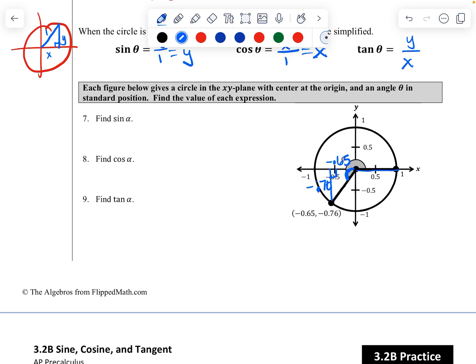Sine is opposite over hypotenuse, and we know our hypotenuse is 1. So negative 0.76 over 1. Well, that's just our y value of negative 0.76. Cosine, negative 0.65 over 1, so negative 0.65. And tangent, opposite over adjacent, and if we divide that out, we have 1.169.